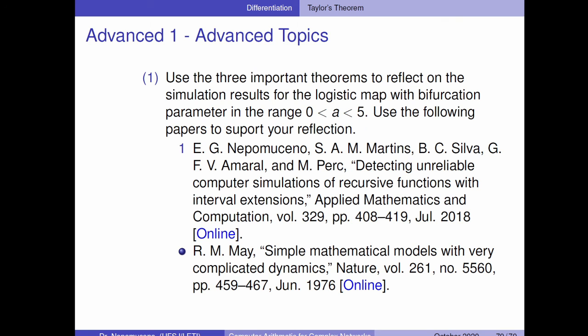I'd like you to realize some points in my paper, so please go through it, and you are also going to take a look at the paper written by May from 1976, right? It's an advanced topic at the end of the course. You can do this exercise in terms of theorems 3 and 4, as I have said before.